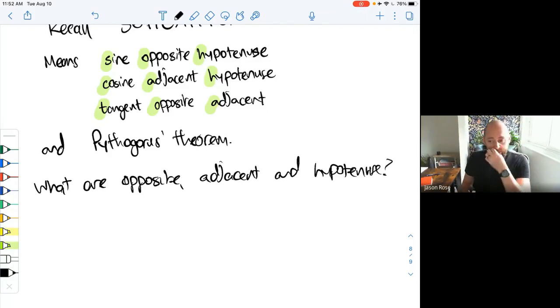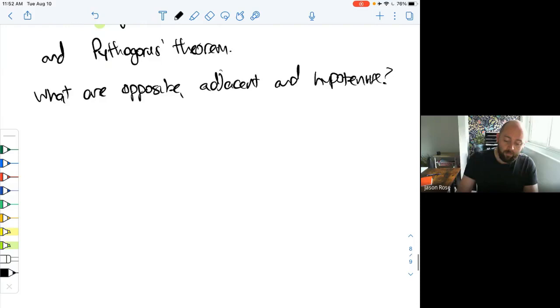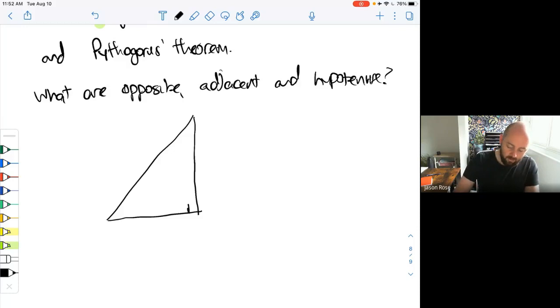Well, it only applies to right angle trigonometry, but let's say we have a triangle here with a right angle, and our sides are A, B, and C. And let's suppose we have an angle that we're considering in here called theta. Okay?